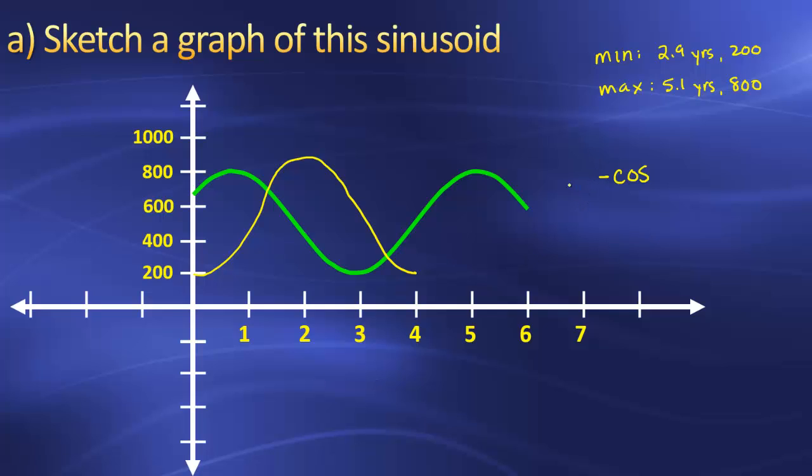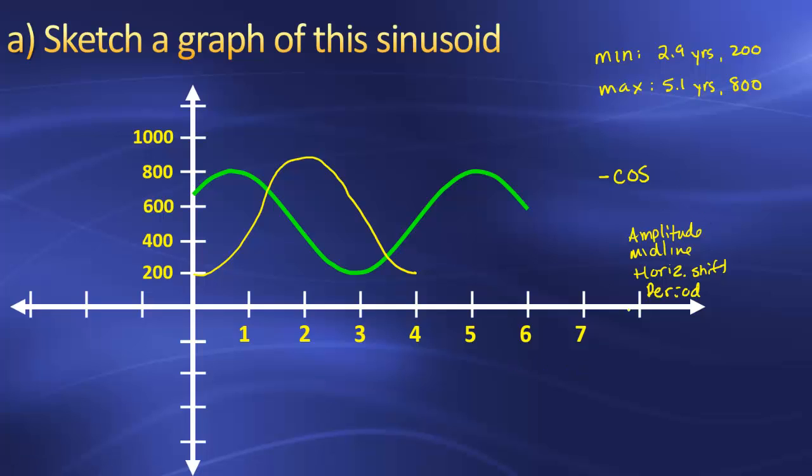So now what we have to do is extrapolate more information. We know negative cosine, but what would be helpful would be its midline, amplitude, horizontal shift, and vertical shift. Actually, the vertical shift is the midline, and then the period.